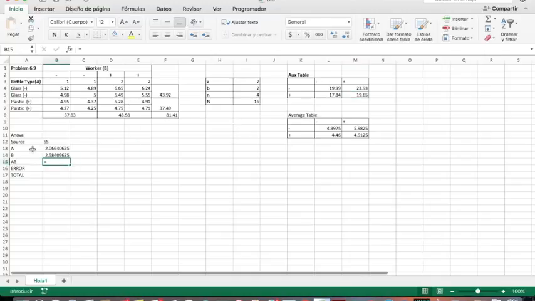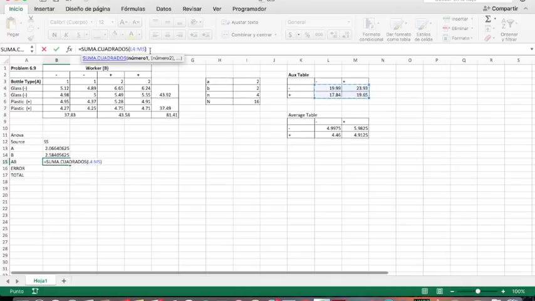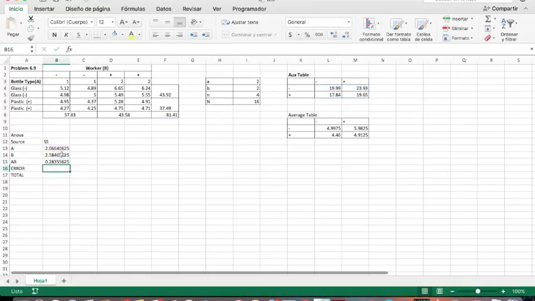So we make the sum of squares of these, between, since we are using A and B, we just select N, minus the total squared, between 16. And it's very important to subtract the sum of squares of A and the sum of squares of B. The result is 0.28.